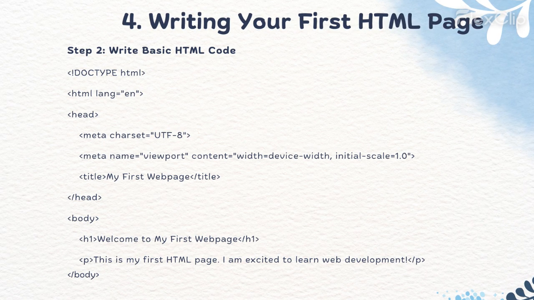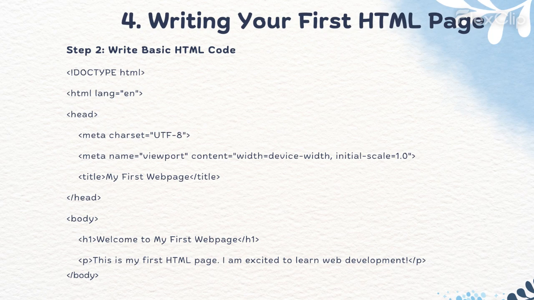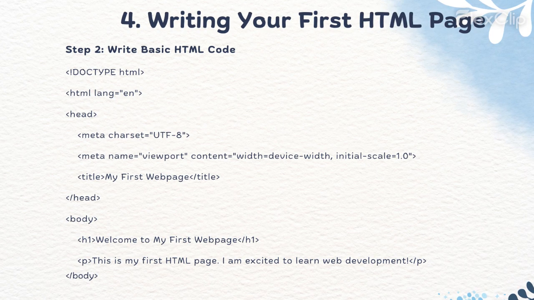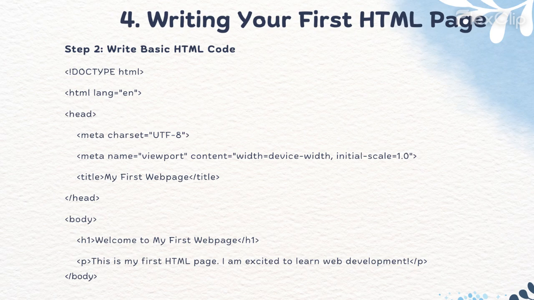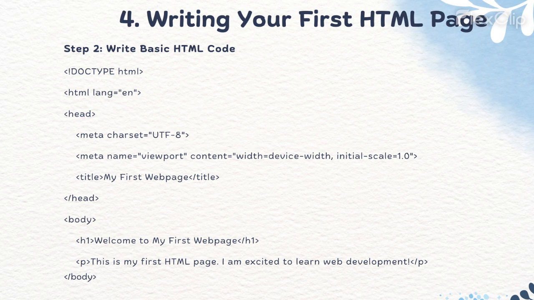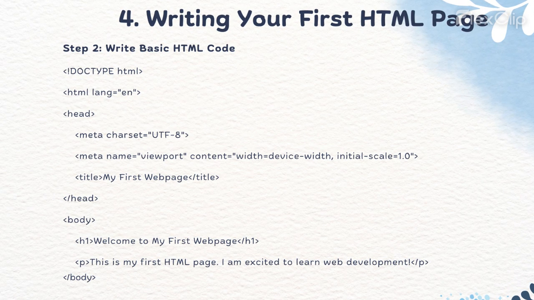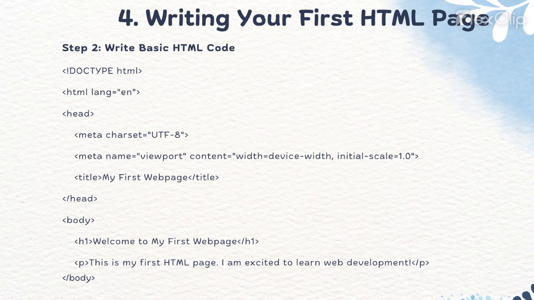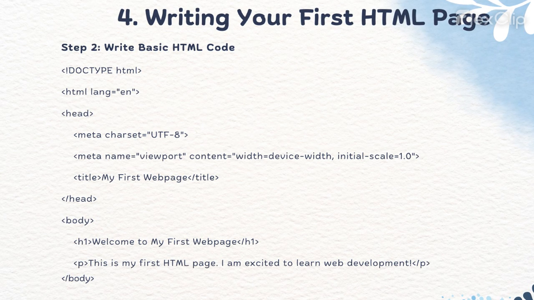In the head section, we add meta charset equals UTF-8. Then meta name equals viewport, content equals width equals device-width, initial-scale equals 1.0.